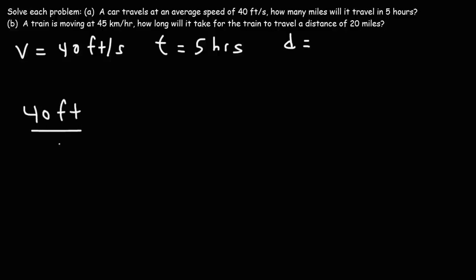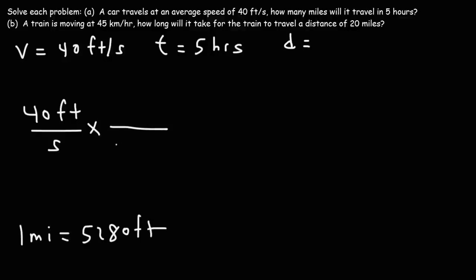So we have 40 feet per second. The first thing you need to be familiar with is the conversion between miles and feet. 1 mile is 5,280 feet. So I'm going to put the unit feet on the bottom and 1 mile on top so that the unit feet will cancel. Now let's convert seconds into minutes.